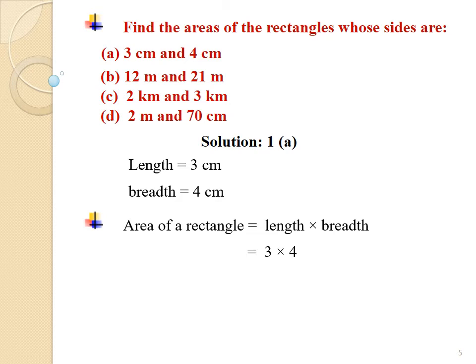Now, multiplying 3 by 4, we get 12 square centimeters. Students, you have to remember that area is always measured in square units, and you have to write the given unit compulsorily.